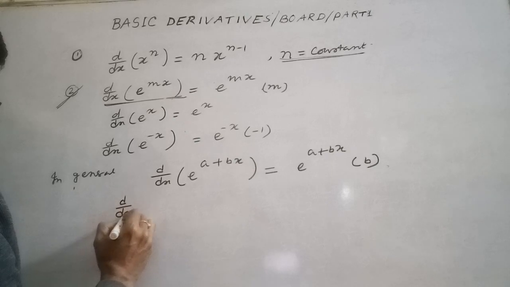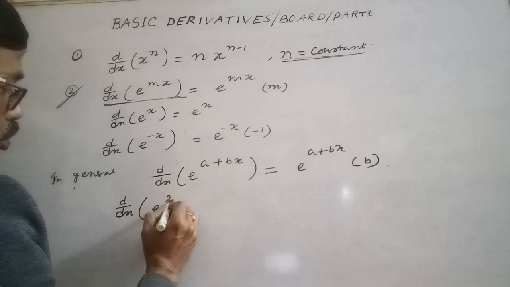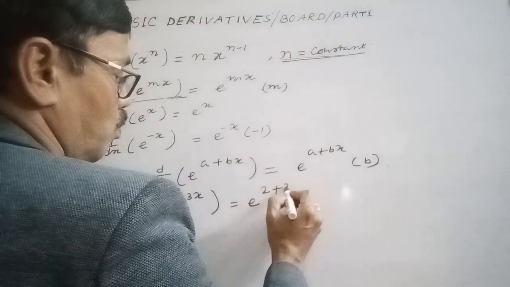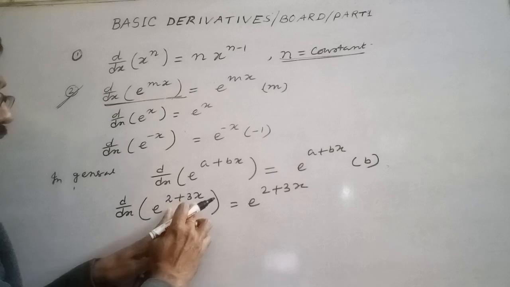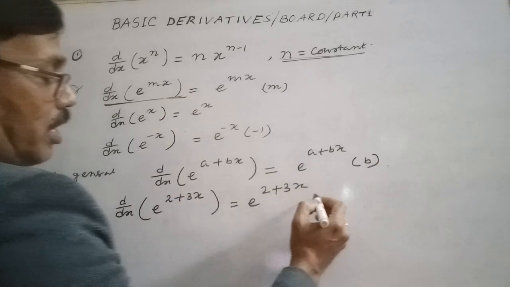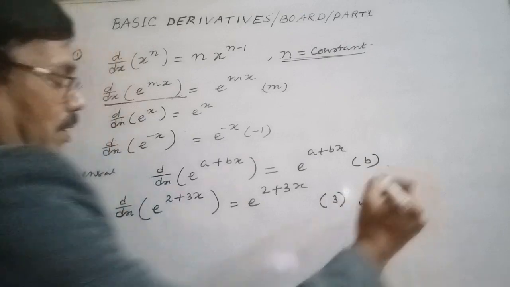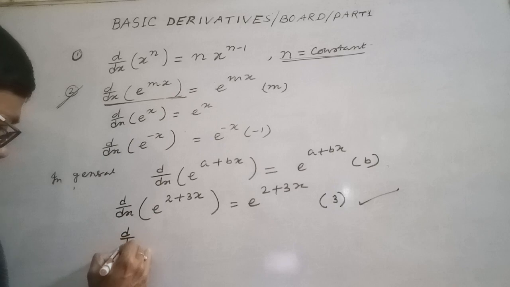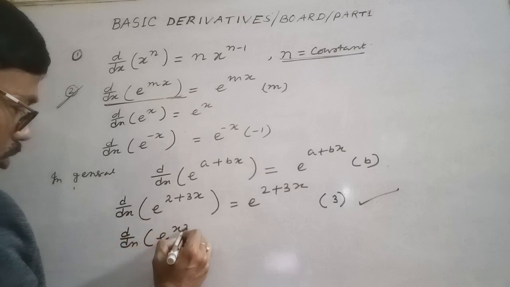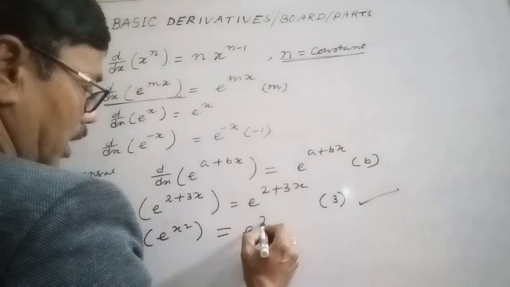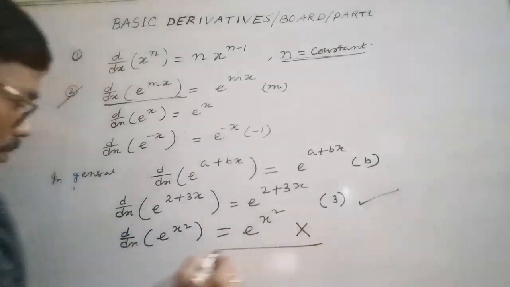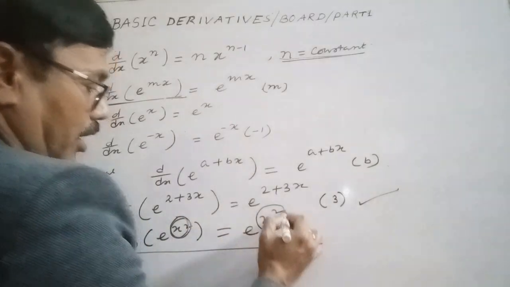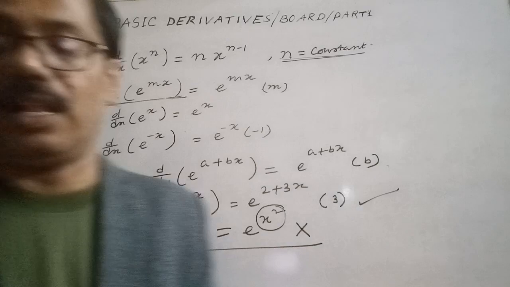Look, for example, d/dx of e to the power 2 plus 3x equals e to the power 2 plus 3x, which is linear algebraic, into, mind it, the coefficient of x, which is 3. Now look, d/dx of e to the power x square is not possible, because this one is not linear algebraic.